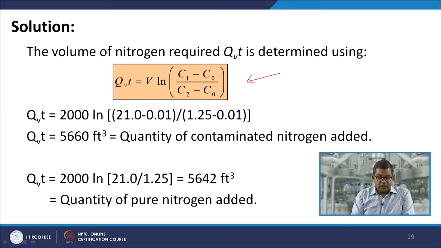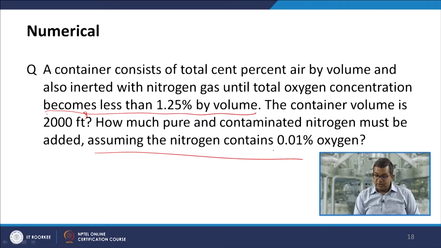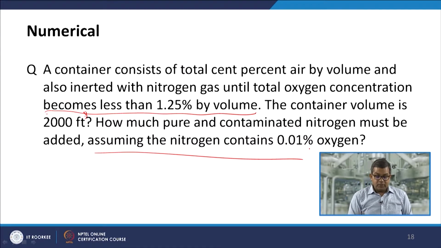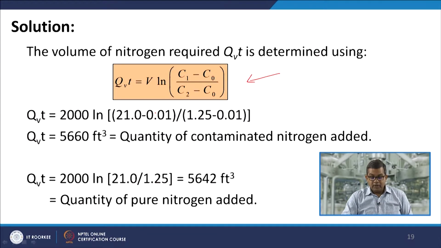Then C1 is 21, and C0 is 0.01 because initially the nitrogen contains 0.01% oxygen, and C2 is 1.25, since the total oxygen concentration becomes less than 1.25 by volume. So it comes out to be Qvt of 5660 cubic feet.